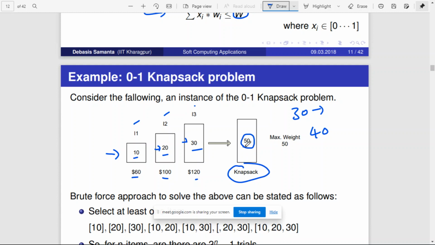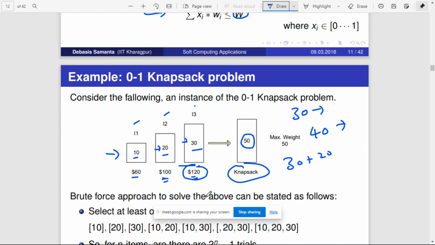So what is the wise solution? Yeah, 30 and 20 he will take, right? 30 and 20 means his knapsack will be full, and also the cost of this item is actually more, right? 120. He will be looking for the item whose cost is more. He will not mind about weight until it reaches 50 kg.